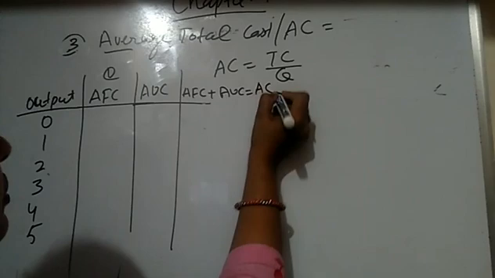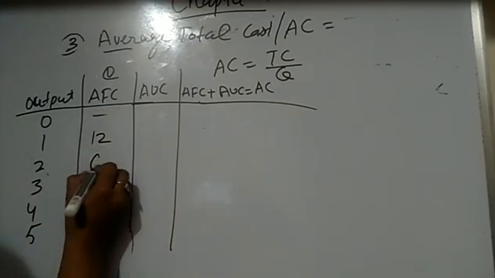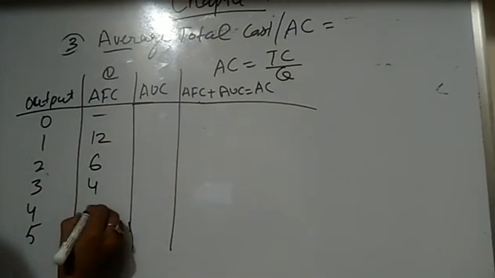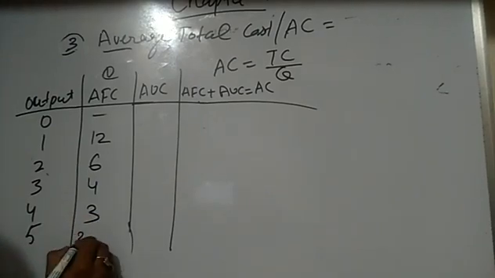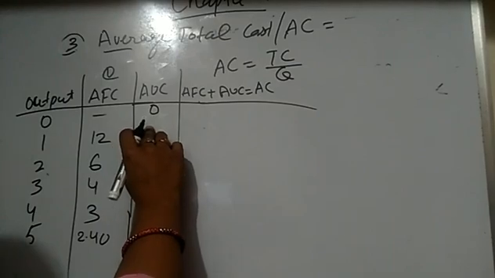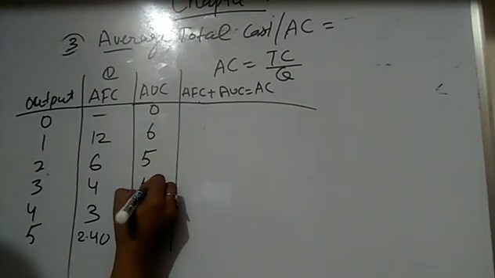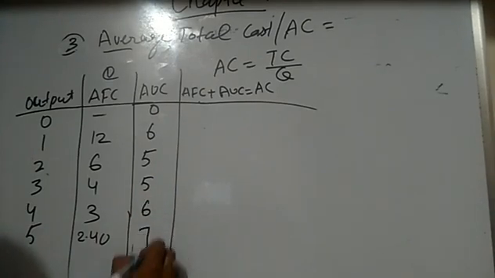In the first schedules that we made, average fixed cost is 0, after that it is 12, 6, 4, 3 and 2.40, and average variable cost is 0 at this stage. After that it is 6, 5, 5, 6 and 7.